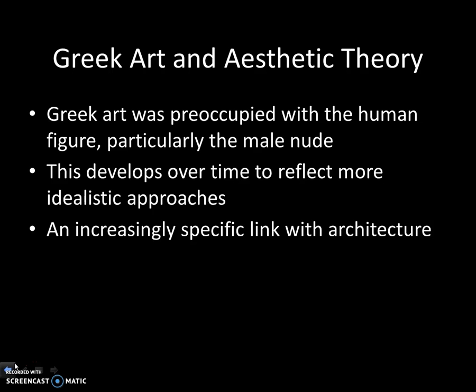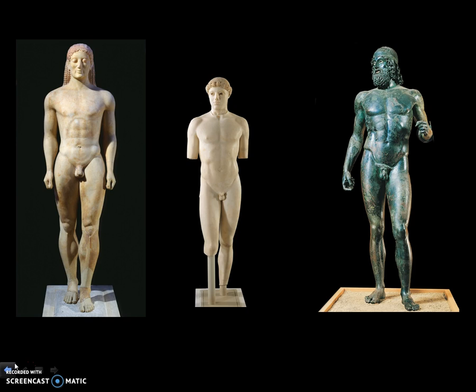From that time forward to the 5th century, an increasingly idealistic approach is seen. And perhaps concomitant with that, a closer link with principles of architecture. And again, the aspects of mathematics, proportions, ratio, and looking for a kind of perfect visual expression of beauty is present there.